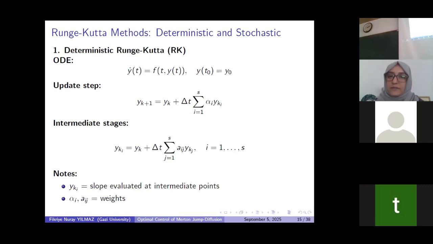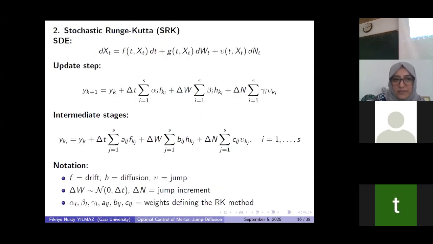Let me show you the deterministic case at first. Assume that you have an ordinary differential equation, y dot is equal to f, and we have an update step y_{k+1} is equal to y_k plus some terms, delta t times some terms. Also, we have an intermediate stage, and y_{ki} is calculated as follows. Here, alpha_i and a_ij are called weights of the Runge-Kutta method.